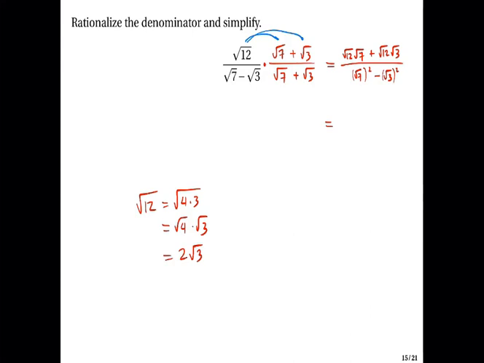Therefore, here, we can write it as 2 square root of 3, and then there's a square root of 7. And then here you have 2 square root of 3, and then there's another square root of 3 there. Divided by denominator, you just have 7 minus 3.